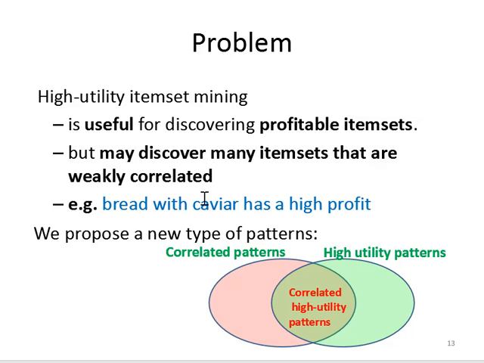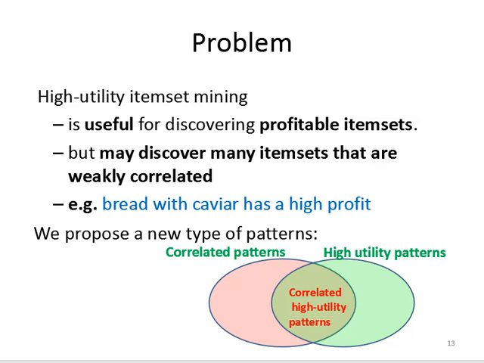So it is not a strong pattern and it is not interesting actually. There have been some papers about correlated pattern mining and some papers about high utility item set mining. And here we want to combine these two ideas to find patterns that make a lot of money, but also the items are strongly correlated together.